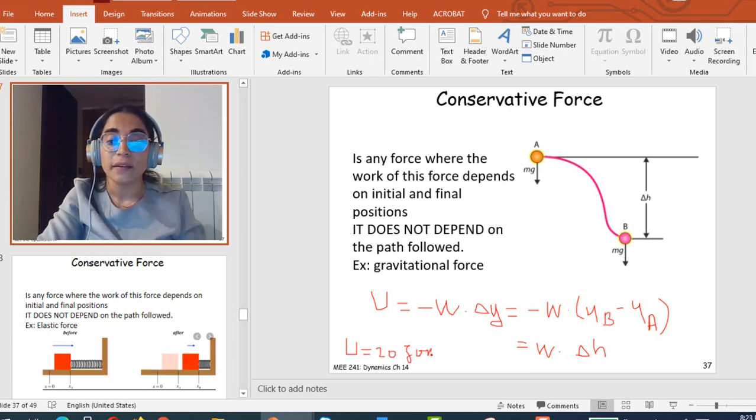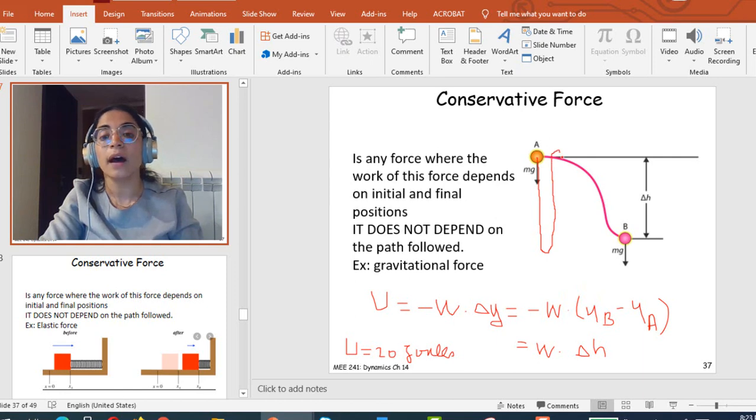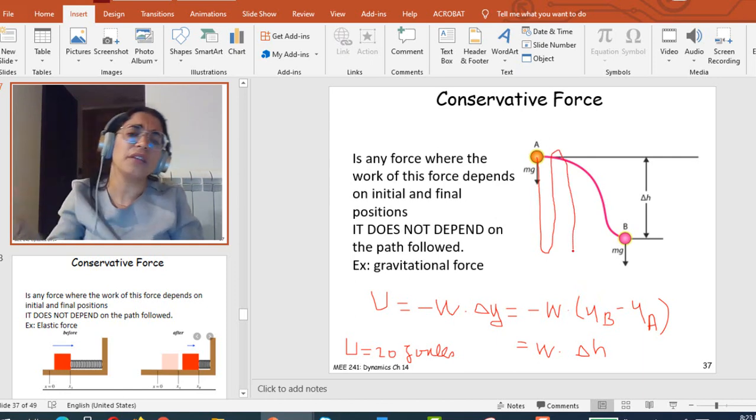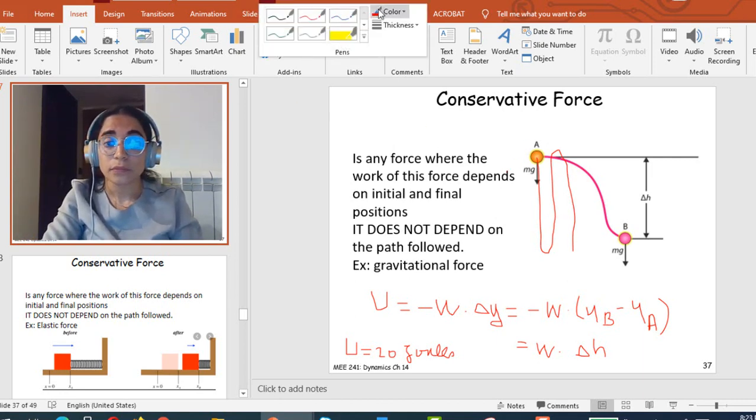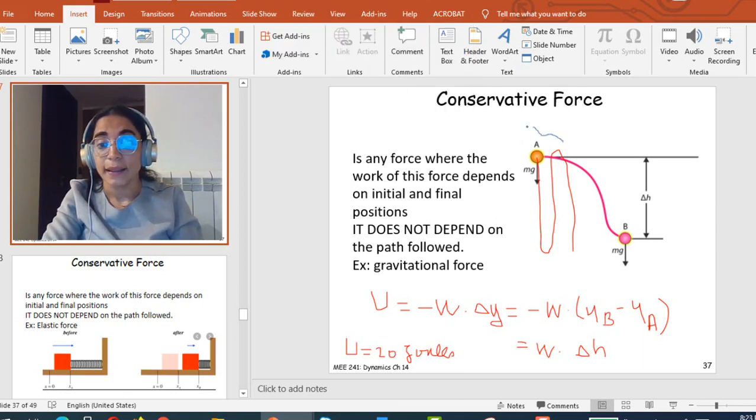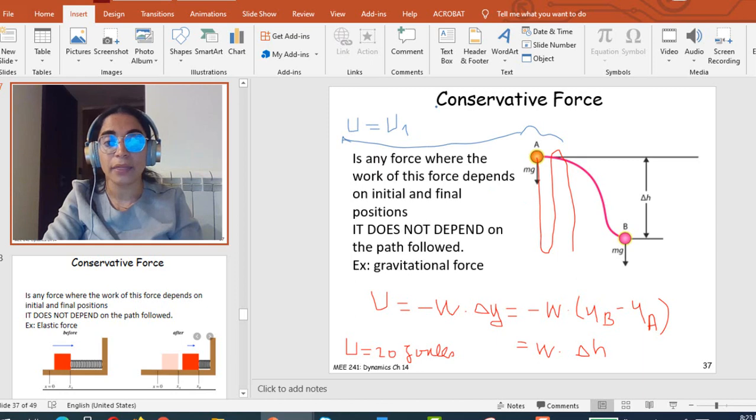Now, assume that this weight here at A is going downward by 2, then upward by 2, then downward again by 2. What do you think will be the work of this weight? In this case, guys, the work of the weight will be equal to U1, which is the downward path, plus U2, which is the upward path, plus U3, which is the second downward path.